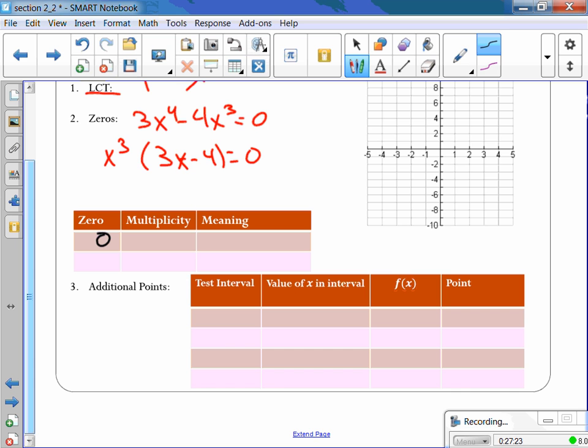Absolutely. Because here I have x cubed equals 0, so there's 3 of them there, right? 3x minus 4 equals 0. Solving for x gives me that x equals 4/3, but only one of them. So both of these, what's happening?